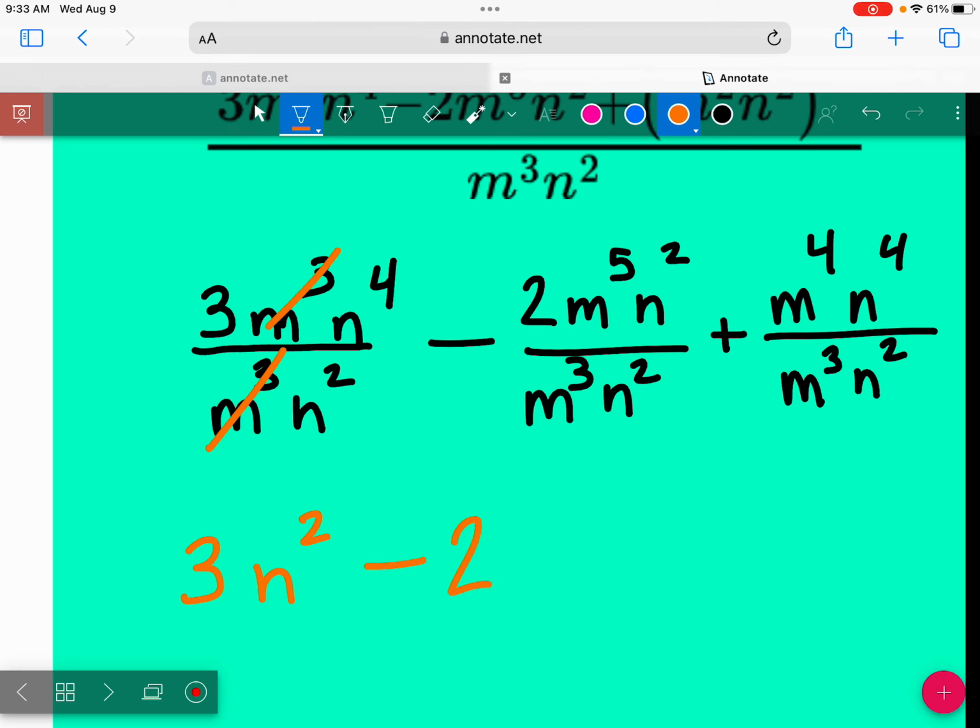What are we left with variable-wise? M squared, because my n's cancel out here, and so 5 minus 3 gives us m squared. Then my plus drops down. We have m to the fourth, n to the fourth, over m cubed, n squared. m n squared.